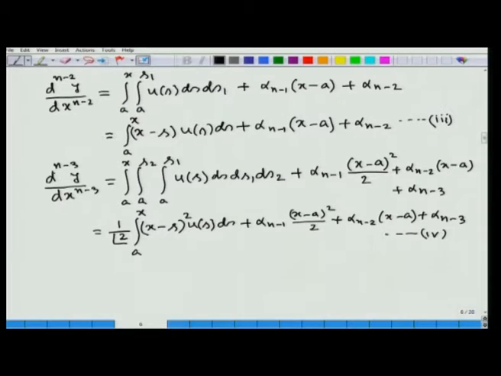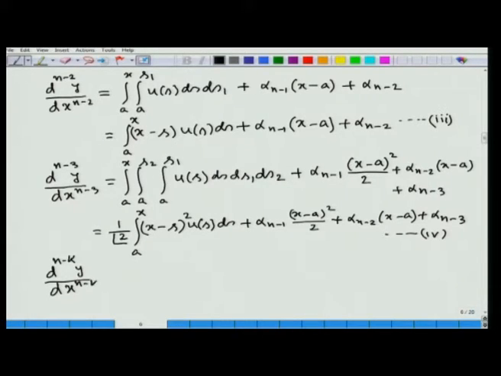When the n minus 3th order derivative is involved, then alpha n minus 1, alpha n minus 2 up to alpha n minus 3, and in this case x minus s whole to the power 1, in this case x minus s whole square.